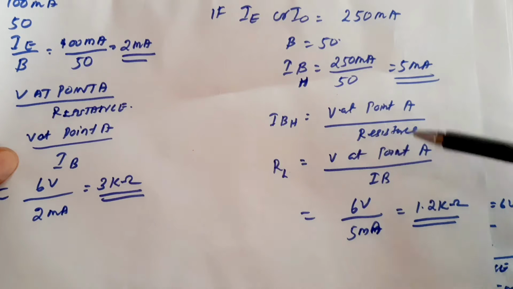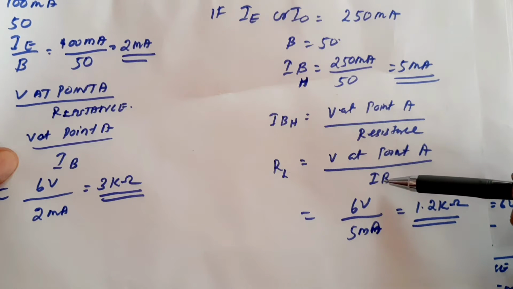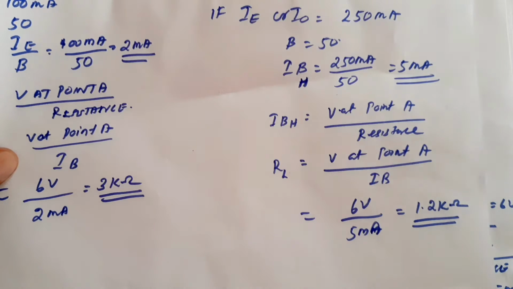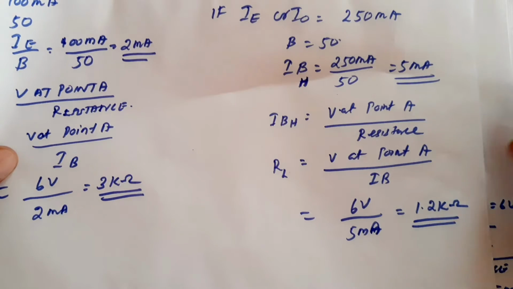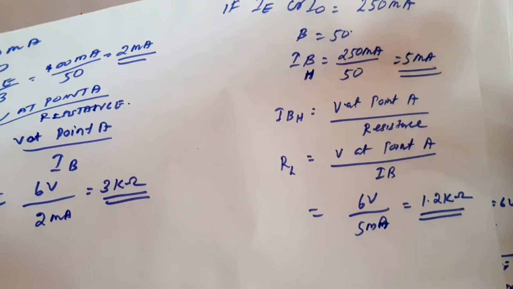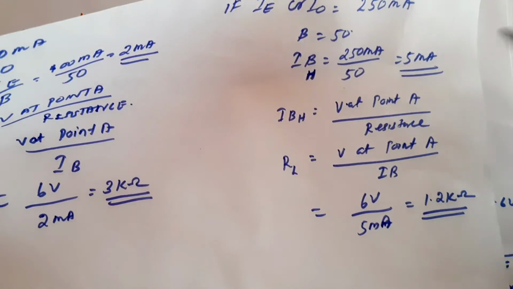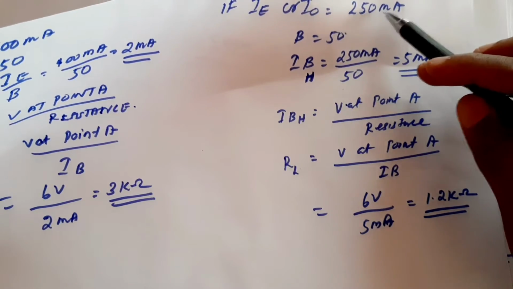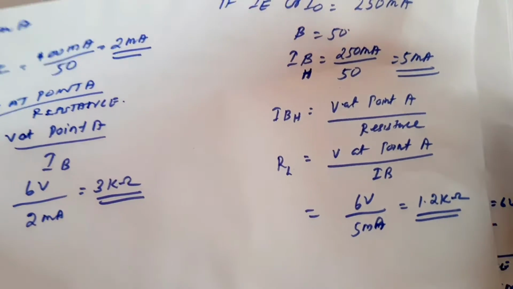The value of resistance is the voltage at point A divided by the wanted current of 5 milliamperes. So it will give 1.2 kilo ohm minimum. When the input resistance is 1.2 kilo ohm, the base current is 5 milliamperes. Now we will get 5 milliamperes base current, and beta times that is the output current, 250 milliamperes.